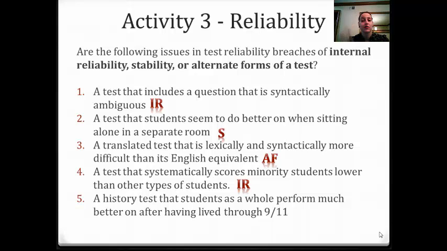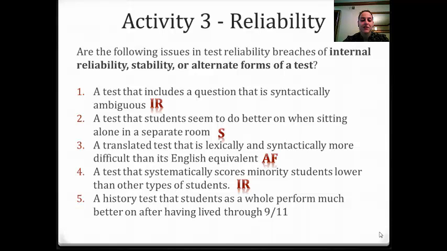It should not be influenced at all by the student's experience, by the student's ethnicity, culture, any of those things should not be influencing the score. And if it is, then it's telling you that your test has some internal reliability issues.